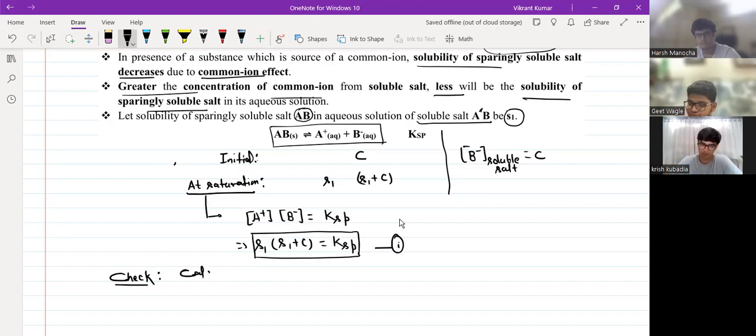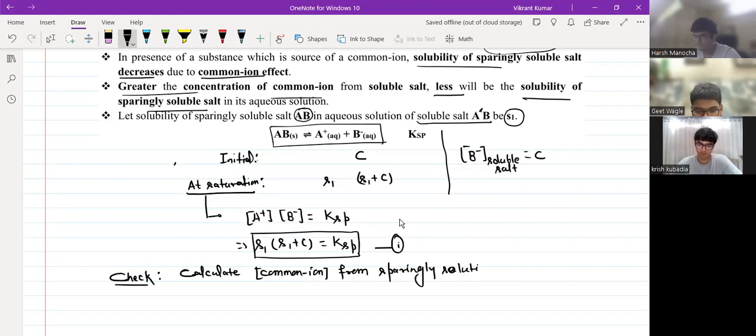Calculate concentration of common ion from sparingly soluble salt, and that is case one, जो अभी तक हम लोग करते आए थे ना, S का रिलेशन KSP से in pure water, soluble salt in absence of the soluble salt.